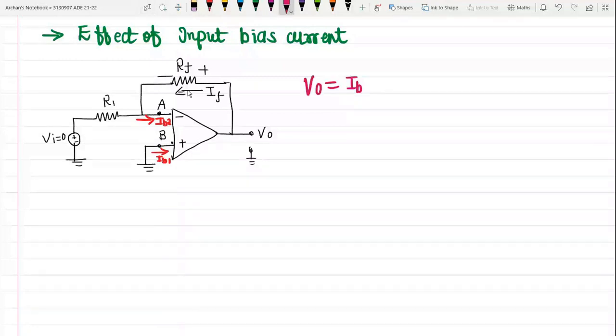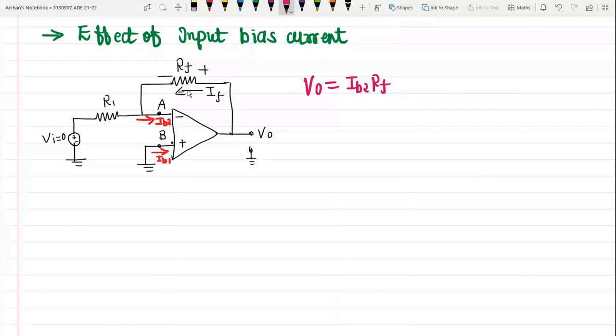Generally the manufacturer will provide the value of the input bias current in the datasheet. Knowing the value of input bias current and the feedback resistance RF, the effect of this input bias current on the output voltage can be predicted.